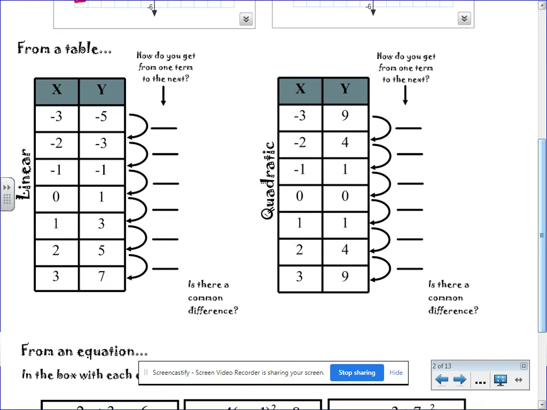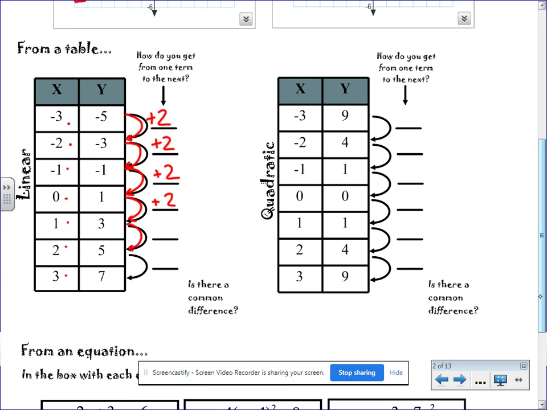All right, from a table, remember that when we took a look at linear functions, we looked at common differences. So remember, you have to look first at your x's, make sure they're going up by the same thing every time. They are. They're going up by 1. And then you take a look at how do I get from -5 to -3? Well, I add 2. -3 to -1, I also add 2. -1 to 1, I add 2. And so on.